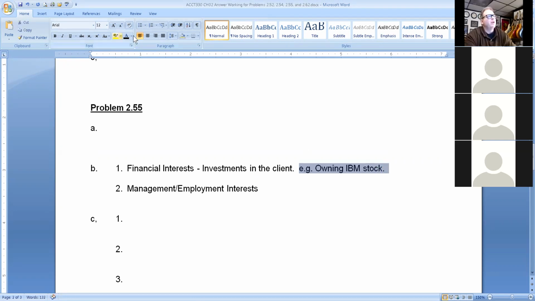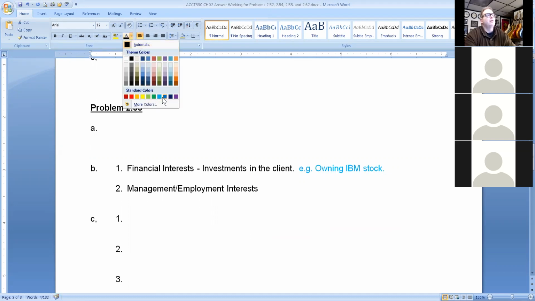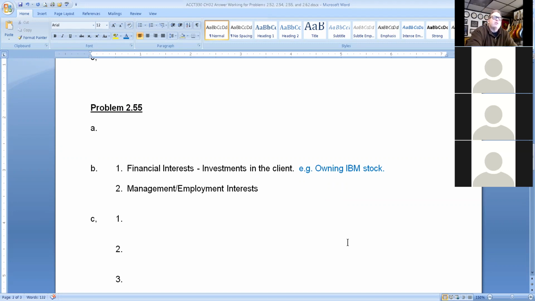For example, owning... I lost my thing here. Okay, make it blue. The nickname for IBM is Big Blue. So I just made it blue. So if we're auditing IBM, owning IBM stock would be an investment. There's a financial interest in it. So that would be a no-no.